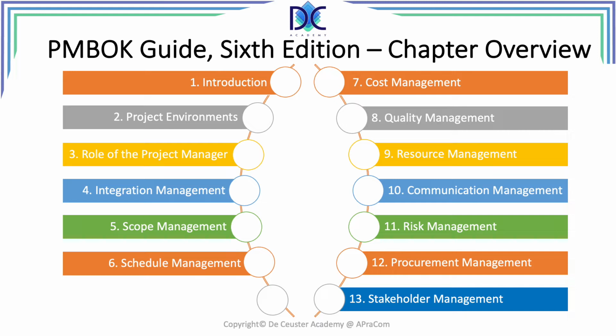We start with integration management, scope management, schedule management, cost management, quality management, resource management, communication management, risk management, procurement, and finally stakeholder management. Now these are in a certain order because this is the order that we are going to integrate them in the 10 steps and how we're going to use them in the project.